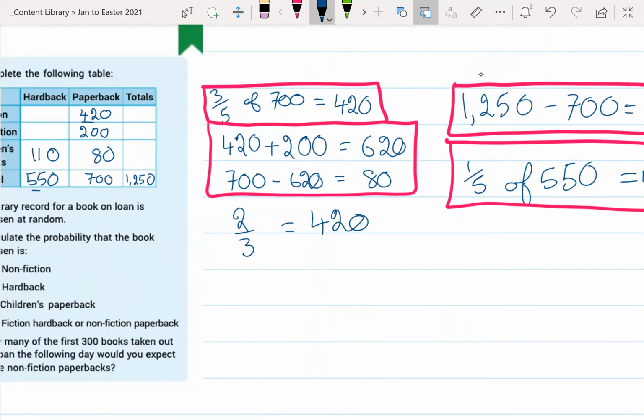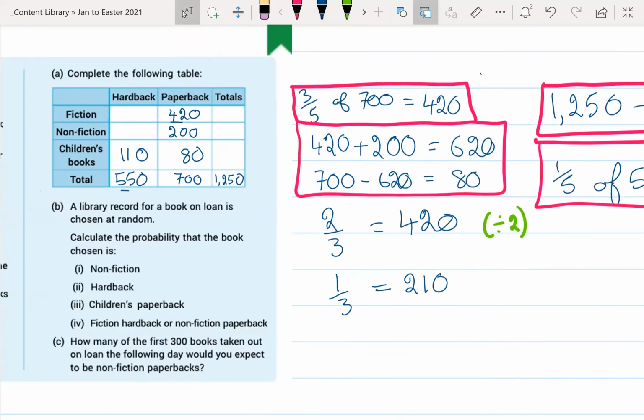If we can find out what 1/3 is, we divide both sides by 2. If 2/3 is 420, then dividing this way we'll figure out what 1/3 is. That's 210. Now that's what 1/3 is, so that goes here. And when we add these two together, we should get the total for fiction.